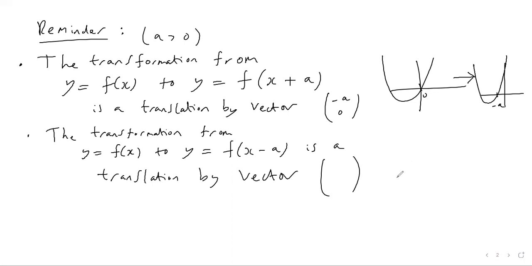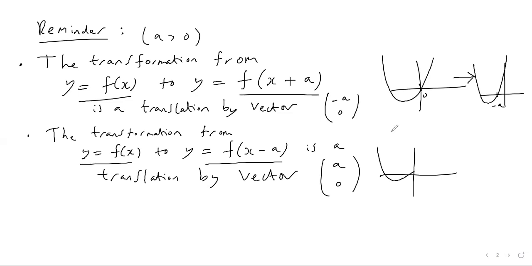So there's a translation to the left, and the transformation from y equals f of x to y equals f of x minus a, subtracting a, is now a translation by a vector of (a, 0) in the x direction. Again, if you've got something like this, sorry, let me try and get it through the origin, something like this.